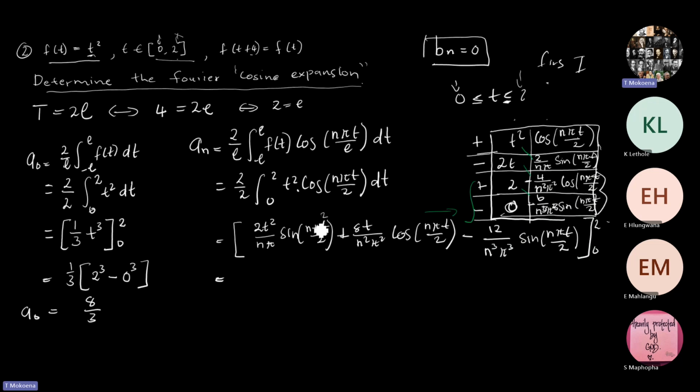Therefore, this is going to fall off, because remember, sine anything pi, for the fact that we have sine pi here, it doesn't exist at all. You get my point? So this doesn't exist. You don't even have to substitute anything, this is out because it's sine pi.